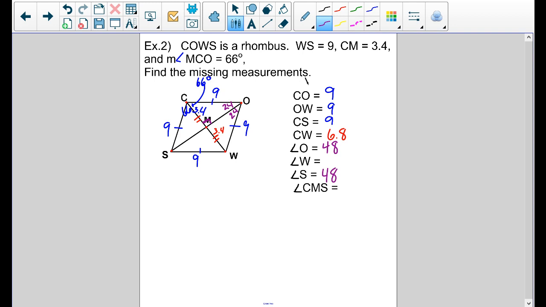So C is 132. What's W going to be then? 132. And then what's CMS? What's this angle inside? What did we say it was? 90. Alright, so that's that rhombus.